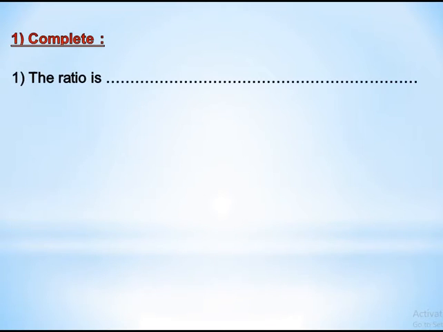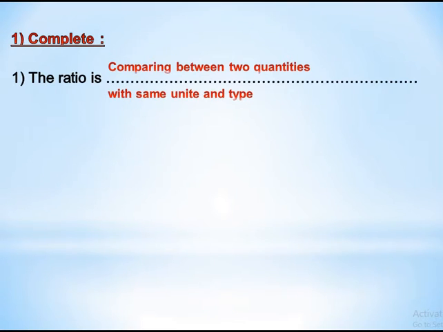Number 1, complete. The ratio is, do you remember the definition of ratio? Yes, the ratio is comparing between two or more quantities with the same unit and type. Number 2, the ratio is first term over second term, first number over second number, or antecedent over consequent.